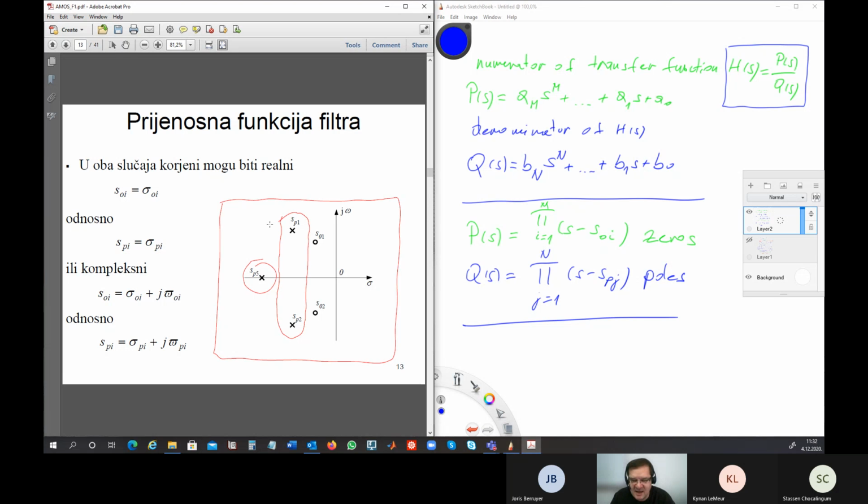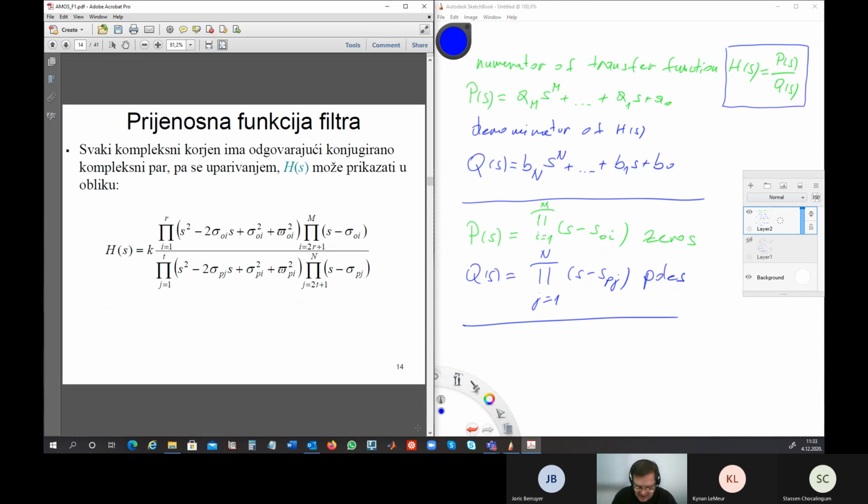And this is the same for the zeros. If one zero is complex, then this zero also has the conjugate friend. So this is this example. We can say that everything that is valid for zeros is also valid for poles.